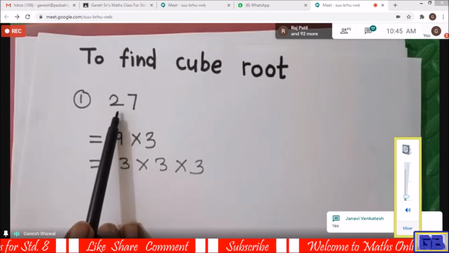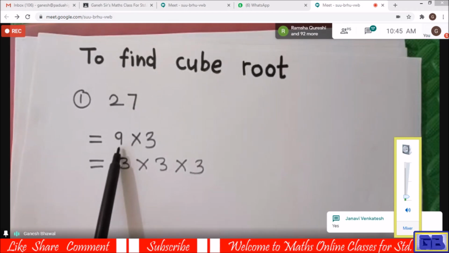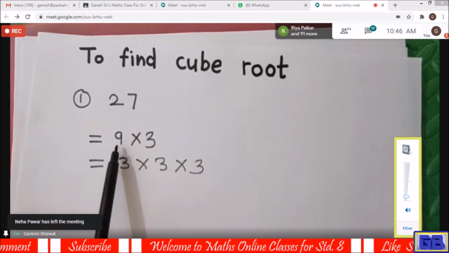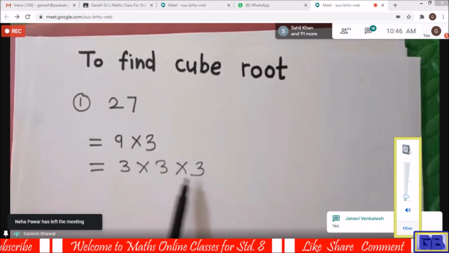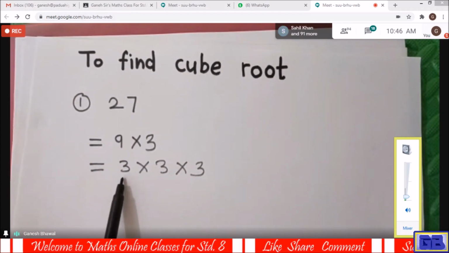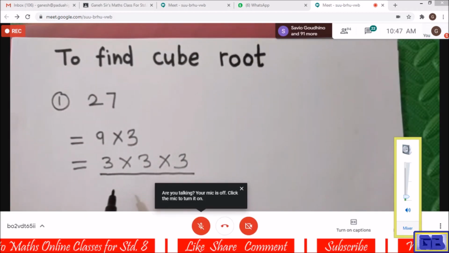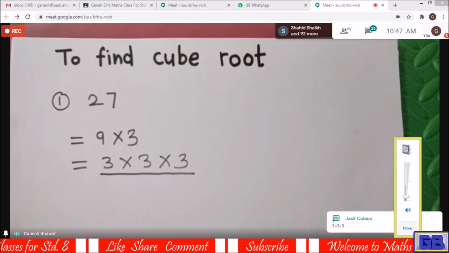A very simple example, I have taken 27. First I have found these factors. 9 multiplied by 3, 9 3s are 27. Again the factors of 9 are 3 into 3. This 3 we have taken down. So 3 into 3 into 3. Always we have to form a group of the same number 3 times.